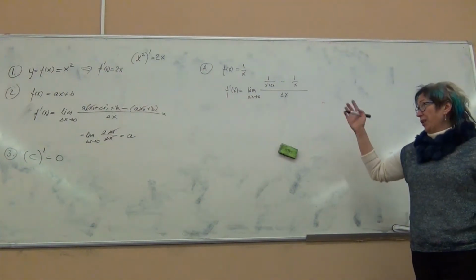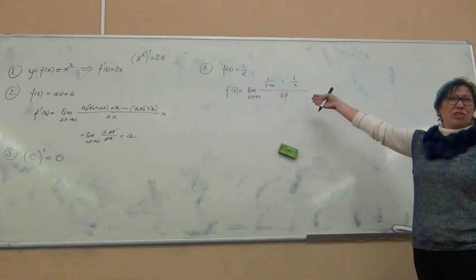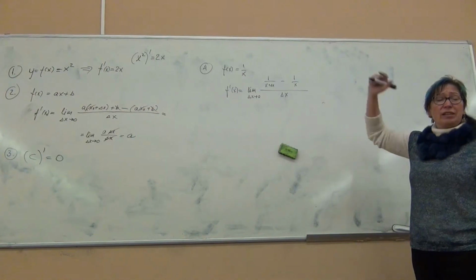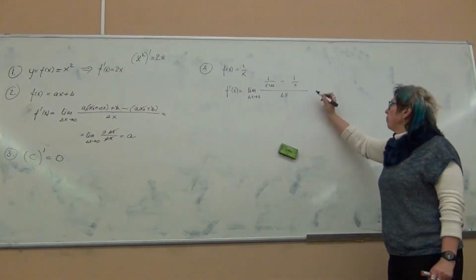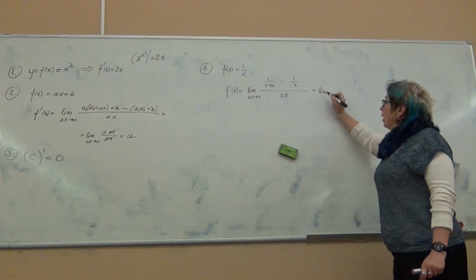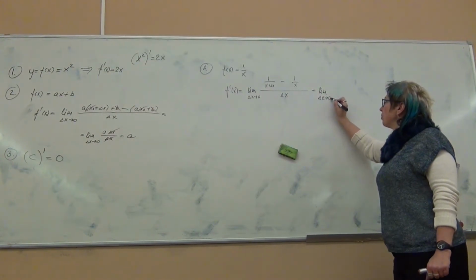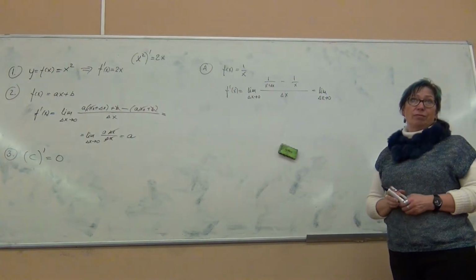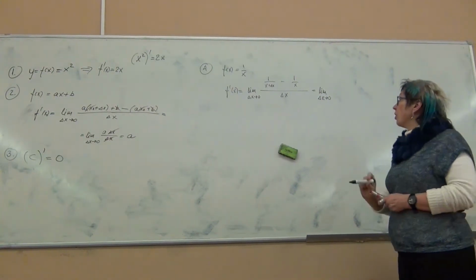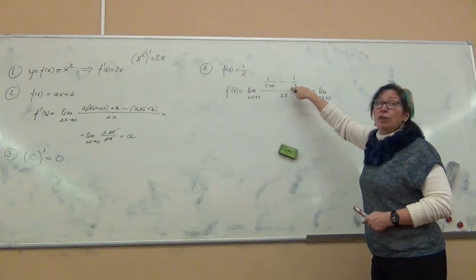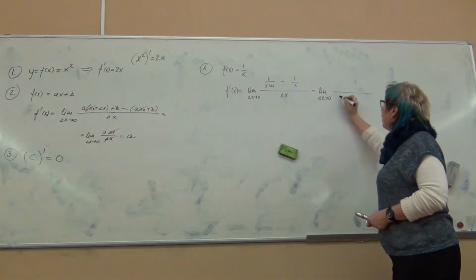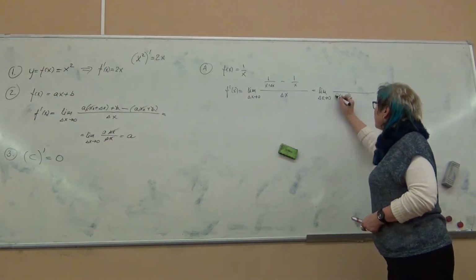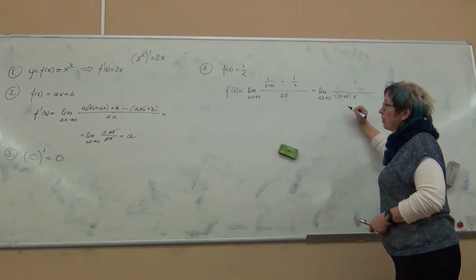Now I have to simplify this. This is not pleasant, this is complicated. Let's try to simplify this expression. Limit, never lose the limit. So how do we simplify this? Find the common denominator. The common denominator for these two quotients would be x plus delta x times x.